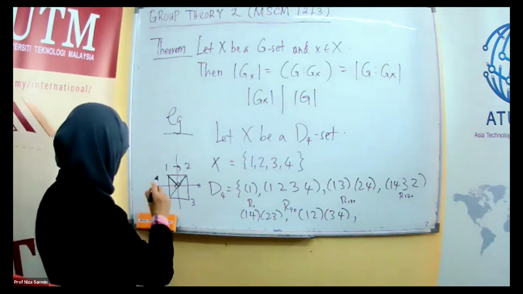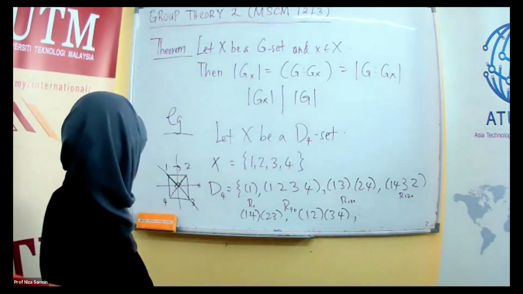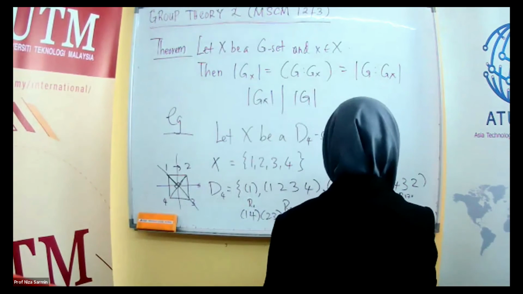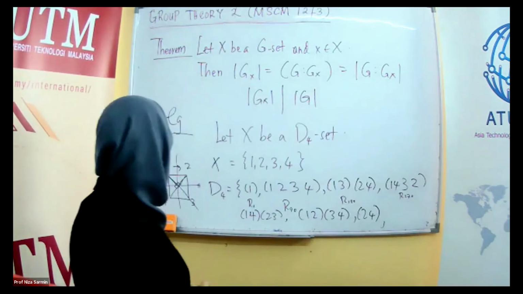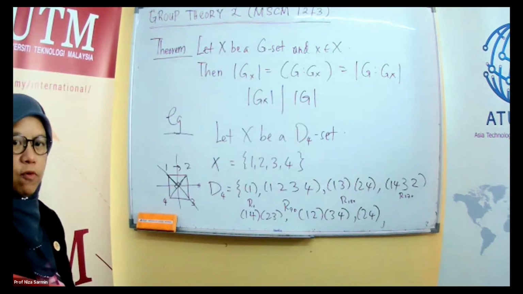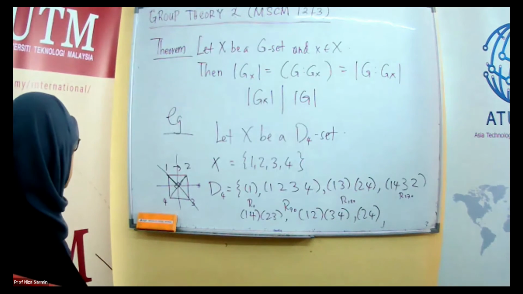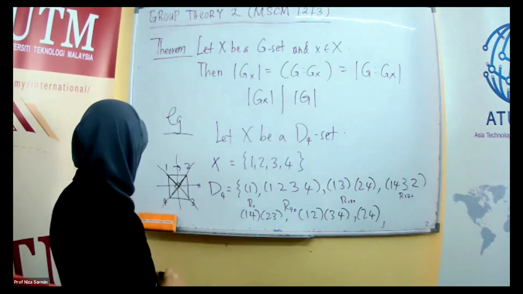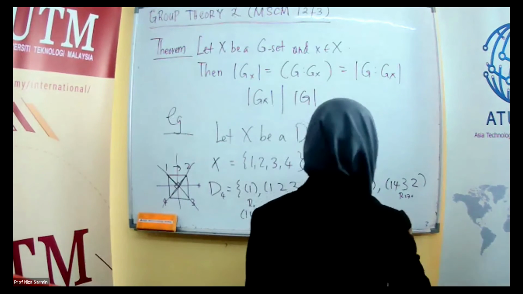Then diagonal, 2 to 4; 1 and 3 do not move. And then the other diagonal, 1 and 3.